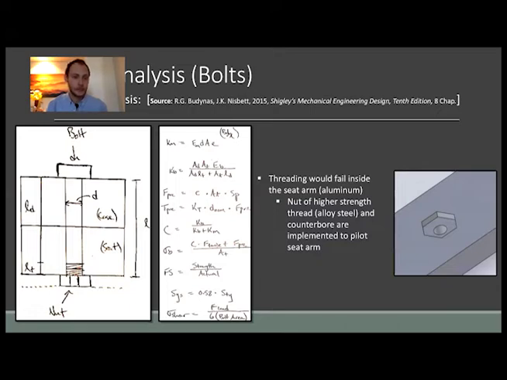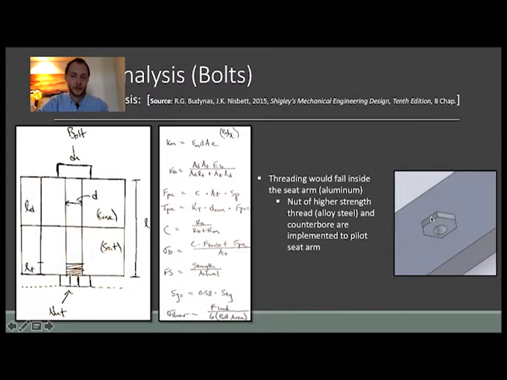We did come to the conclusion that originally we were going to bolt just a single bolt into the side of the arm, but it is made out of aluminum. So it wouldn't be the bolt that fails first under the calculated loading. It would actually be the threading inside the arm of the chair. So we came up with the idea to do a counterbore the size of the nut.